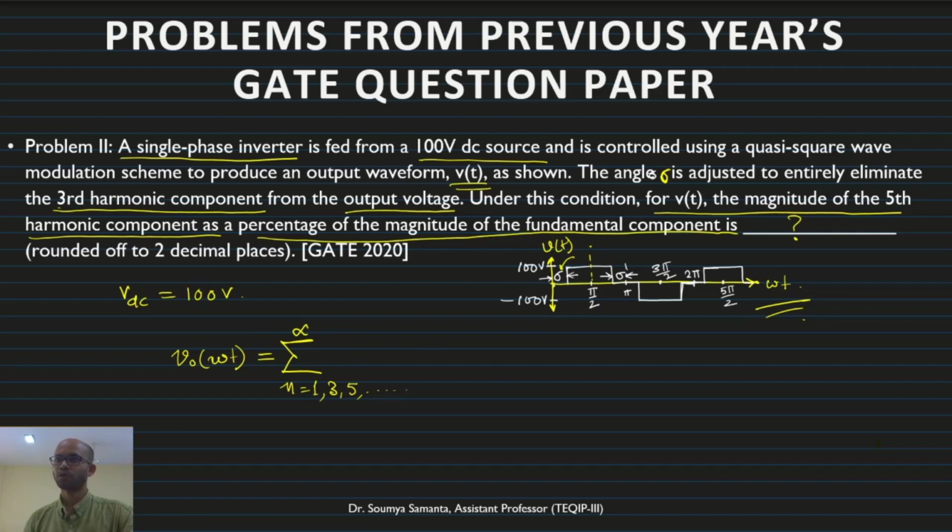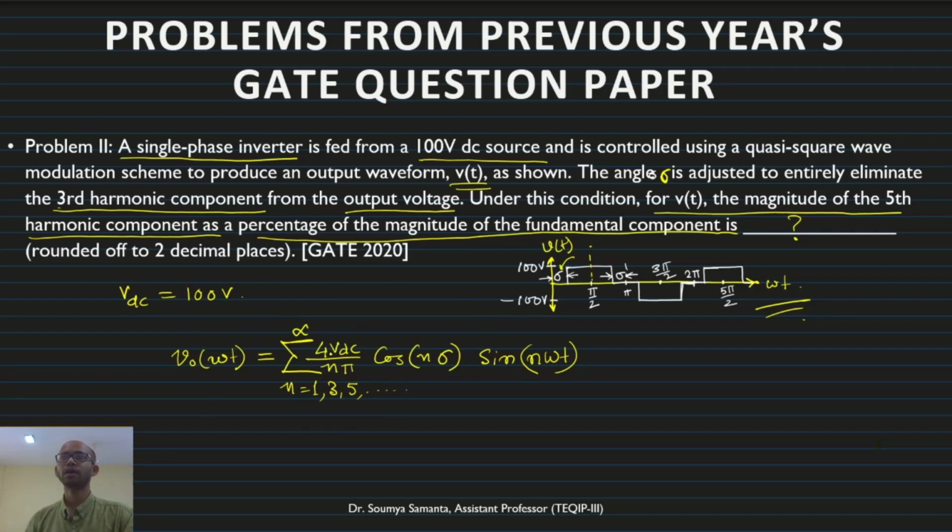Okay, so this will be 4 VDC by n pi, cosine of n times this angle, into sine of n omega t. This is the expression.